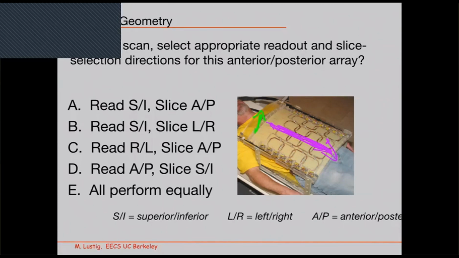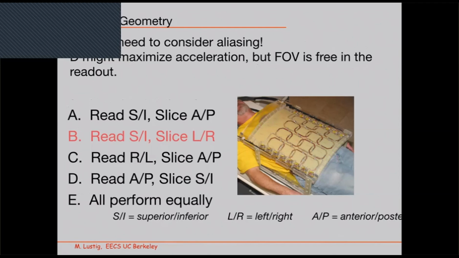And when you read out in this direction, where do the coils vary in the phase encodes? Like where's the phase and where's the slice? So phase encode would be, for example, in this direction, and then the slice encode would be AP, for example, or sort of left-right, I guess.